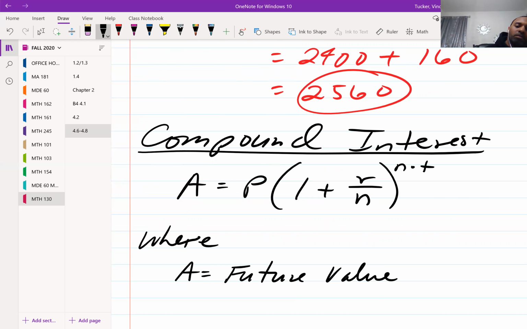Let's see, future value, future amount. I'll leave it at total amount.